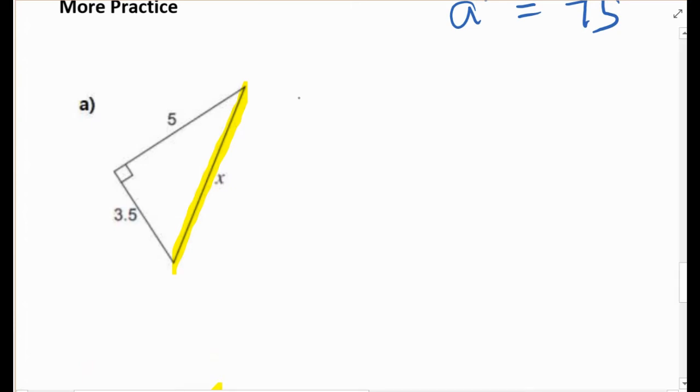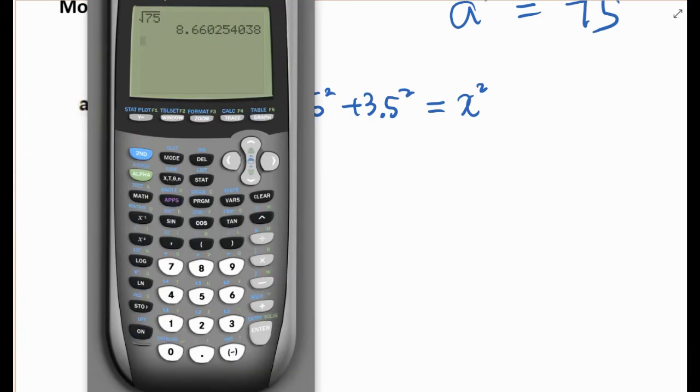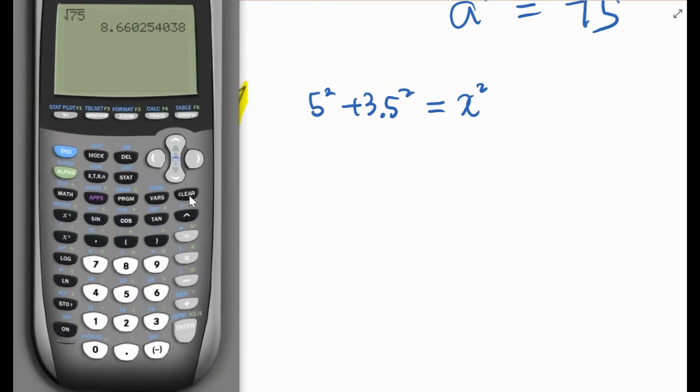Alright, let's do it together. So x squared should be isolated. So this will be 5 squared plus 3.5 squared. Then 5 squared plus 3.5 squared is 37.25.